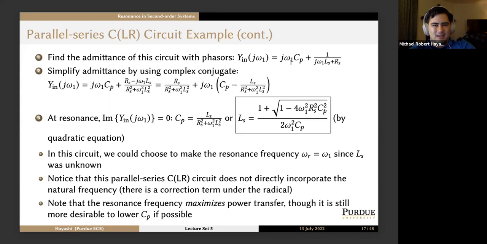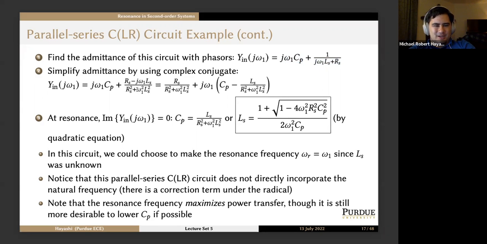So we found what the admittance was. It's going to be j omega 1 Cp plus 1 over j omega 1 Ls plus Rs, using phasors. We simplified the admittance using the complex conjugate.